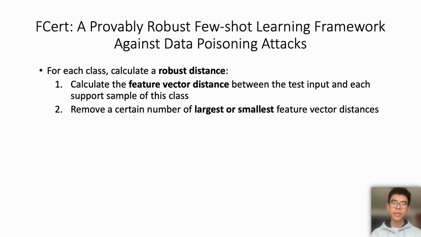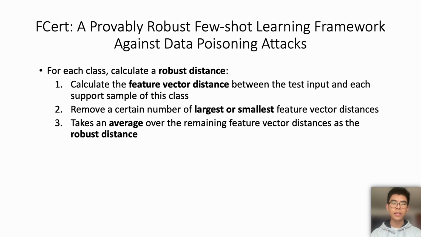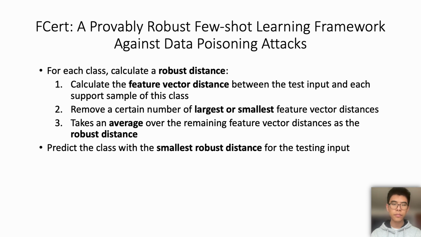Then we remove a certain number of largest or smallest feature vector distances and take an average over the remaining feature vector distances as the robust distance for this class. Lastly, we predict the class with the smallest robust distance. The intuition of our design is that these robust distances are insensitive to the changes of the support samples. Therefore, the final predicted label is also stable under data poisoning attacks.